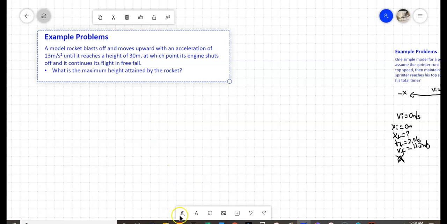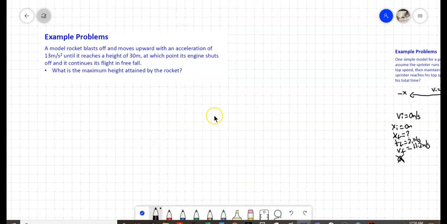This is a really cool problem because it starts off at the bottom, at time 0, at an initial position, and I should say a y direction, not x direction. It's an initial y position of 0 meters.